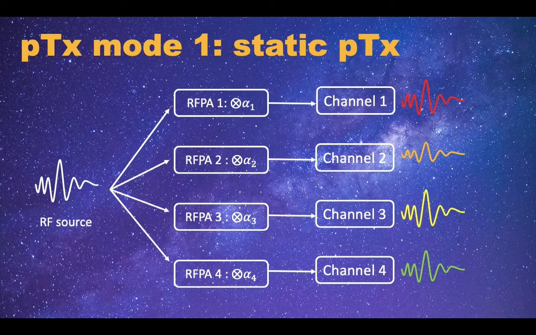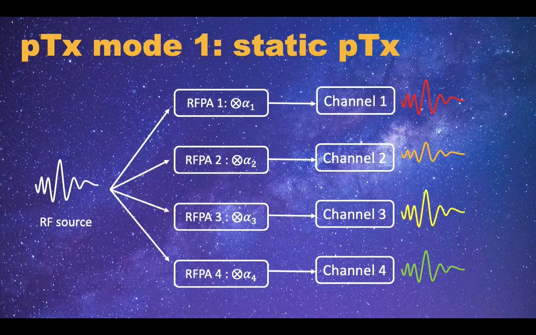The first mode of pTx is called static pTx, which can be represented by this figure. As demonstrated here, with the pTx system, each individual transmit channel is powered by its independent RF power amplifier, or RFPA.